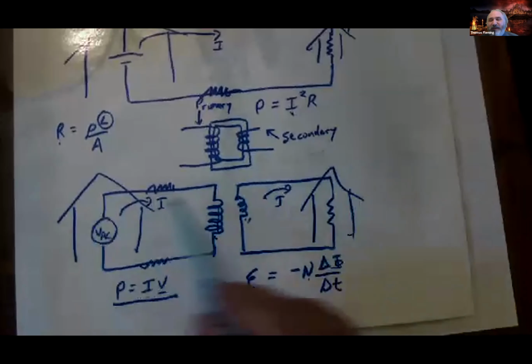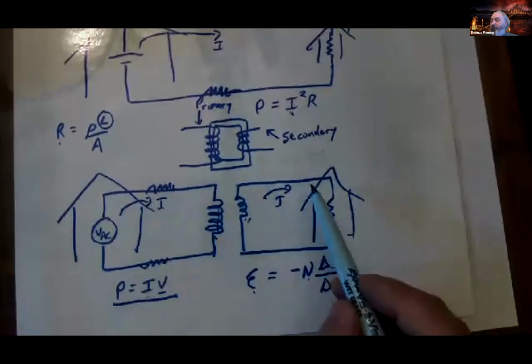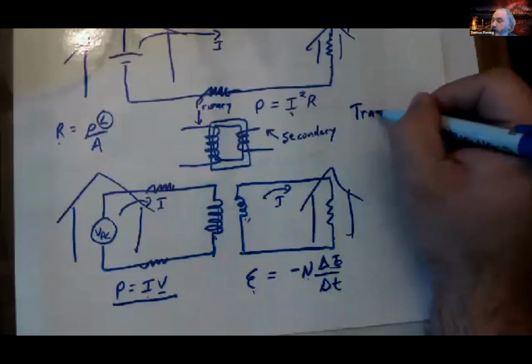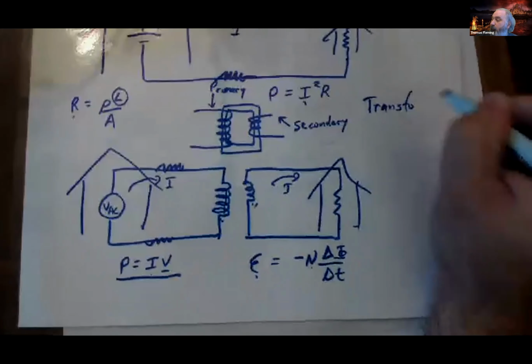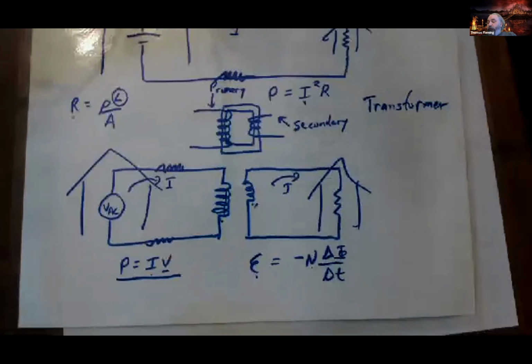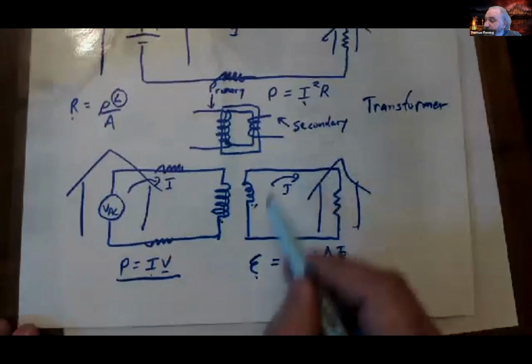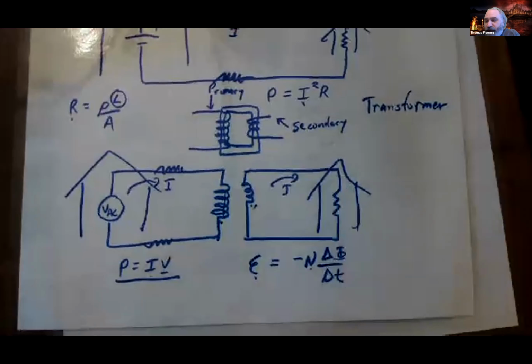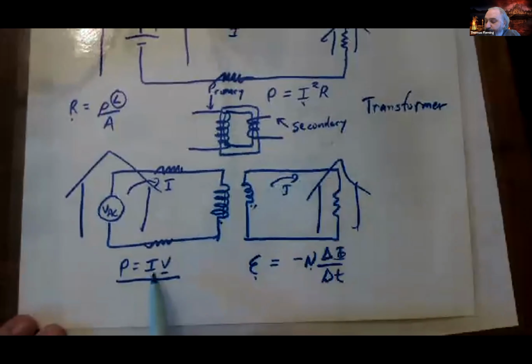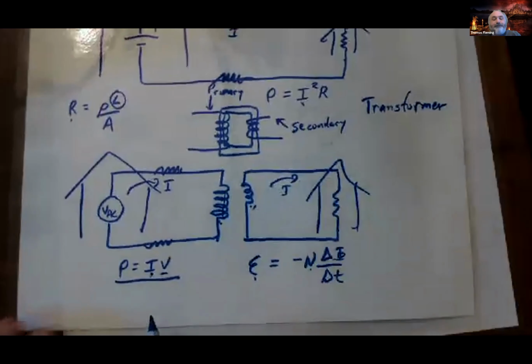And then once I get near my destination, I use this device, which is called a transformer, to shift. And in this part of the circuit, where I'm at short distances and I don't care about the resistance of my wires, I have a huge current but a tiny voltage.